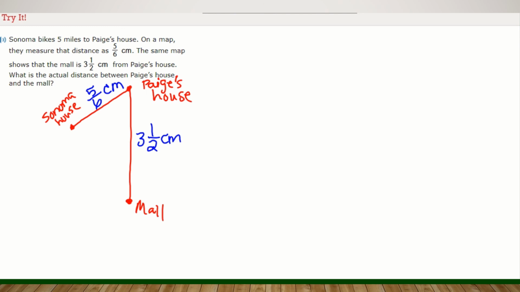Now we can set this up. Remember, we're trying to get centimeters to 1, so we can do our unit rate. We are trying to get centimeters to 1, and then miles should be in our numerator. The number that goes along with centimeters is 5/6.